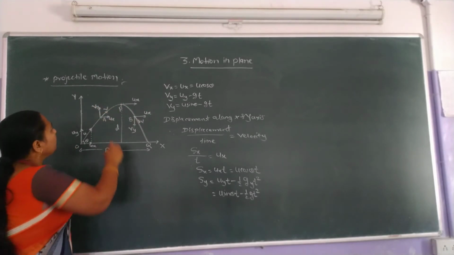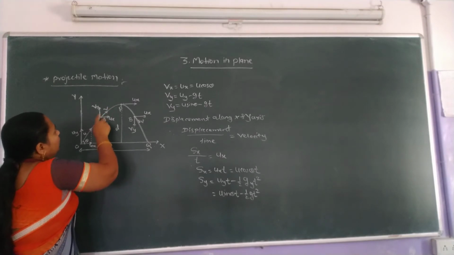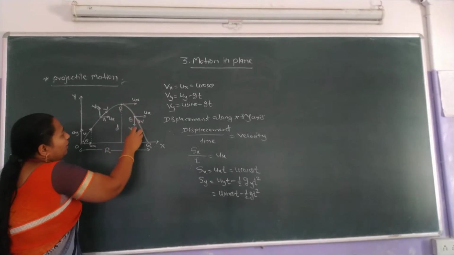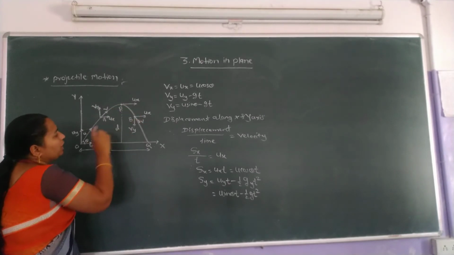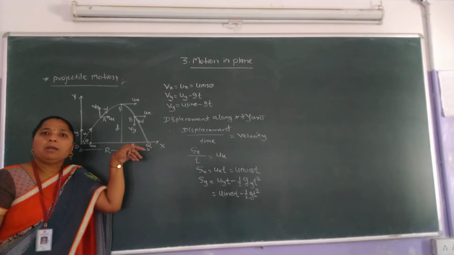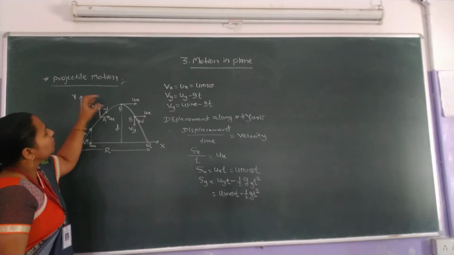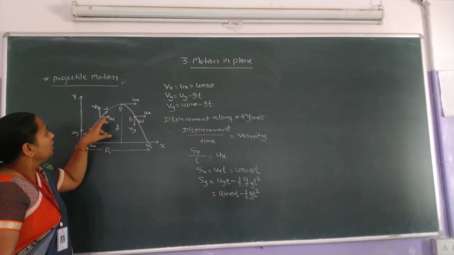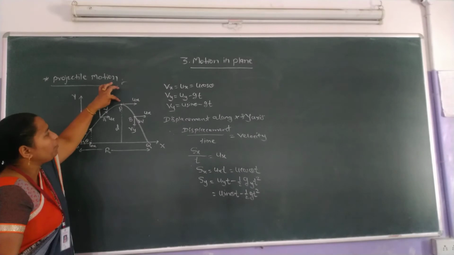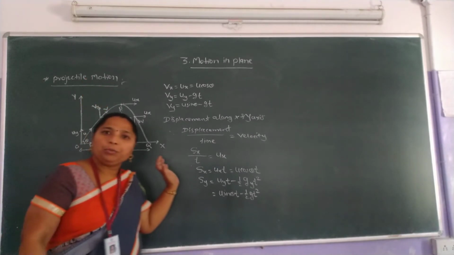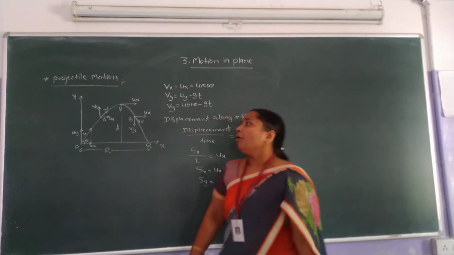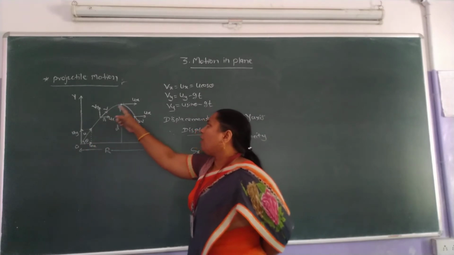But the vertical component of velocity is Vy; at the top it is 0, and when the vector is drawn downward the vertical component is negative. The velocity decreases going up and increases coming down, and at point P its vertical velocity is 0. The horizontal component of velocity is constant all along the trajectory.